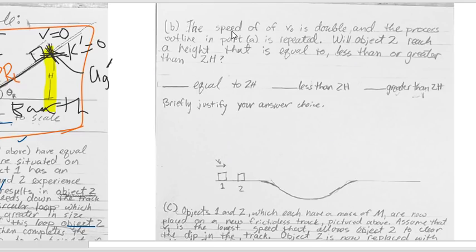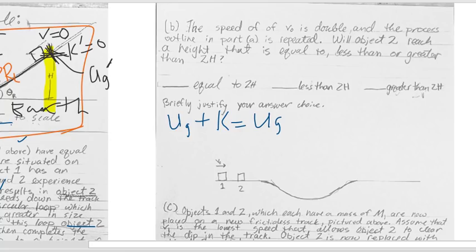Okay, so part B wants to know, they want to change this up. The speed of v naught is doubled and the process outlined in part A is repeated. Does object 2 reach a height that is equal to, less than, or greater than 2h? Well, I would go back to the initial energy conservation equation, you don't have to restate isolated system and stuff. To me, the way I looked at this is you had potential energy due to gravity plus kinetic energy equals U g prime.